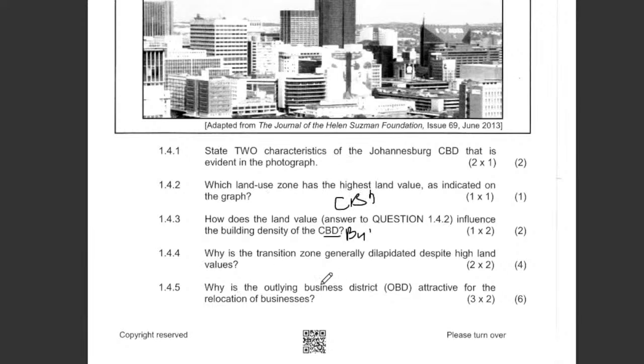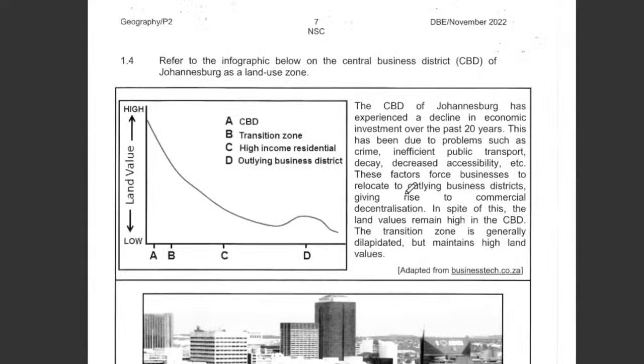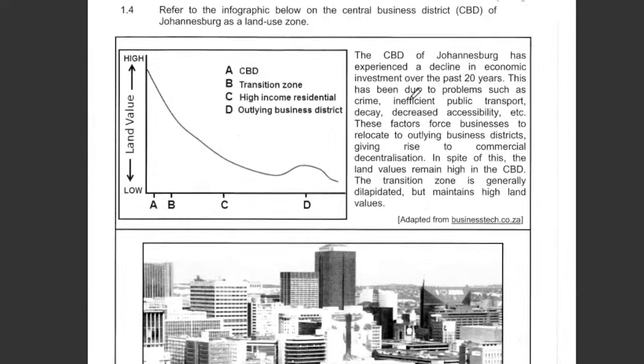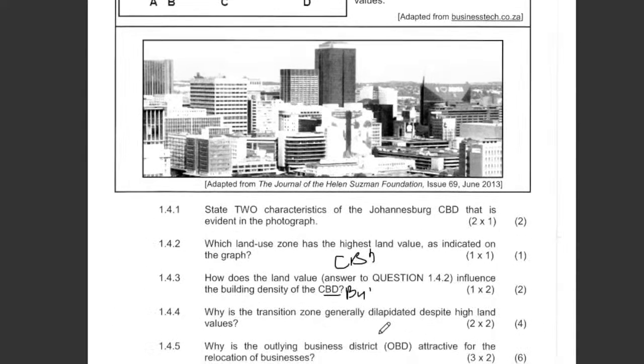We go to the next one. Why is the transition zone generally dilapidated despite the high land value? We look at exactly what is happening in the CBD. The CBD has got these problems of crime, public transport, being hard to access, and so on, which gives a chance for people to extend to the transition zone, which results in its land value also increasing. So why is it generally having a high land value?